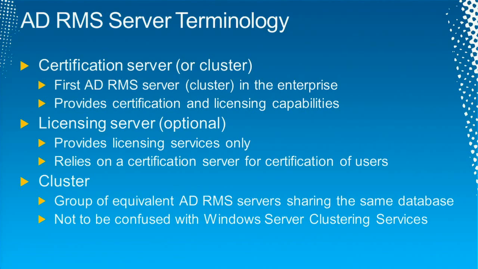The first part from the server side is what's known as a certification server or a cluster. As I noted below, cluster doesn't mean Windows Server clustering services. I think we're trying to rename it over a period of time. Essentially, it's going to be a web farm, because all of RMS is built on IIS, so it's using standard HTTP SOAP protocols.